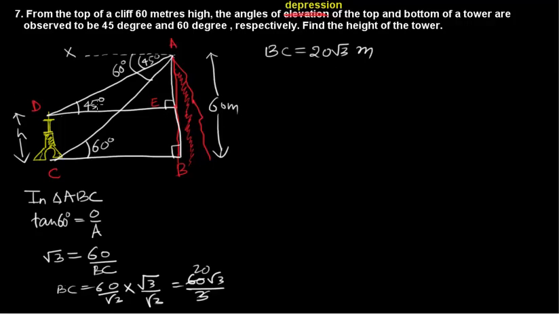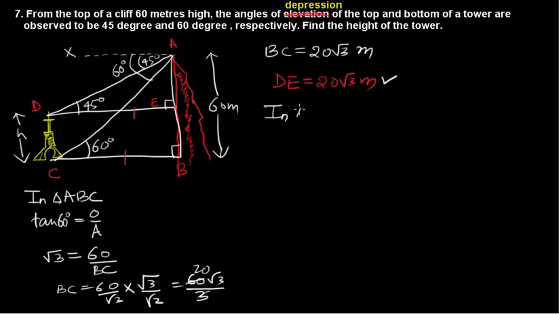Now BC and DE are equal, so we can write DE is equal to 20 root 3 meters. Now in triangle ADE, DE is 20 root 3 meters, and we need AE.